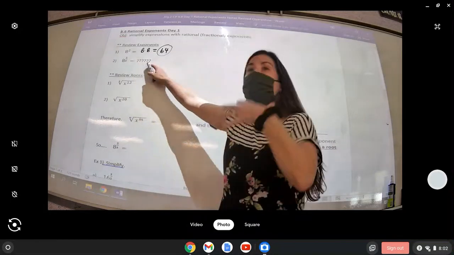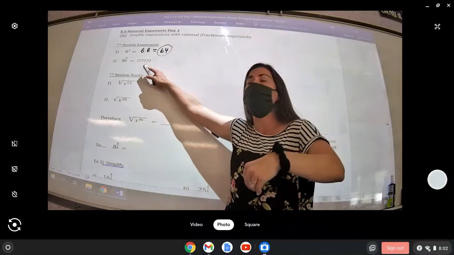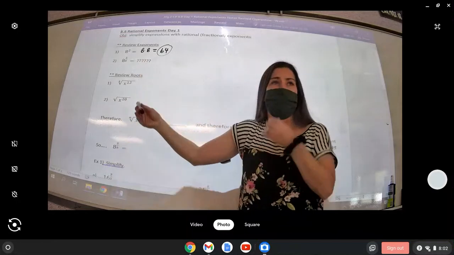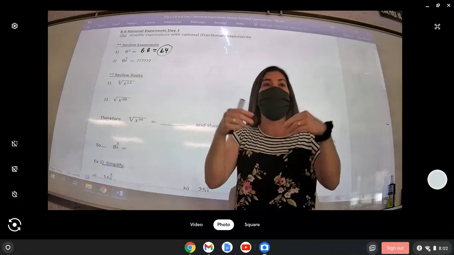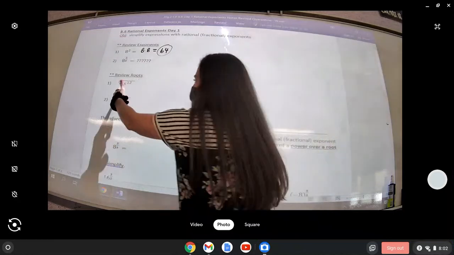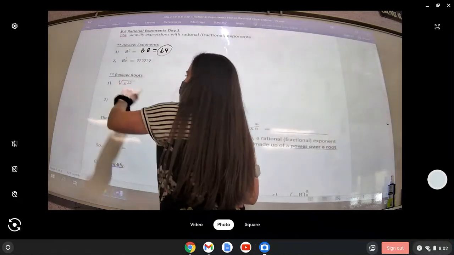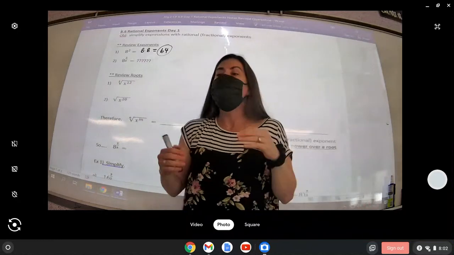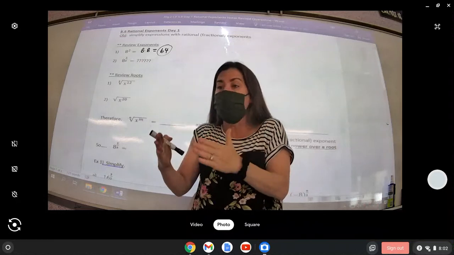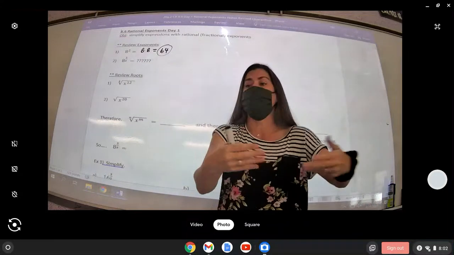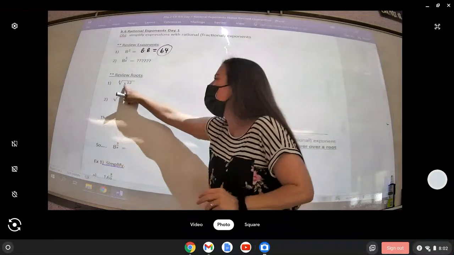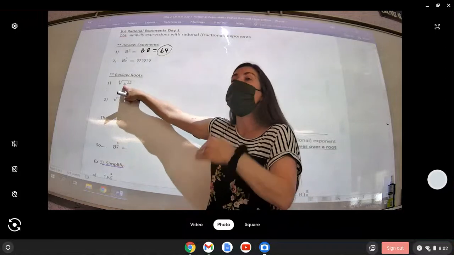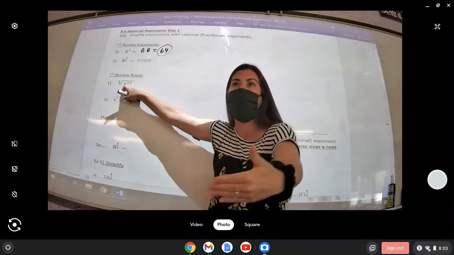So guys, the way we're going to rewrite a fractional exponent goes back to what we were doing last week when you were taking the root of a variable. Think about it. If I asked you, what's the 3rd root of x to the 12th? Technically you're taking the 3rd root, so every x to the 3rd that you create, you can take the 3rd root of. So we had to figure out how many x's to the 3rd you can make from an x to the 12th.